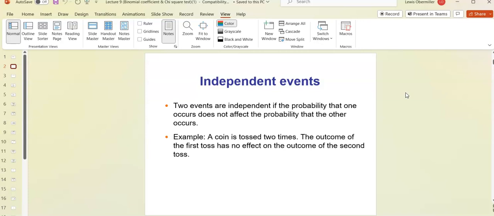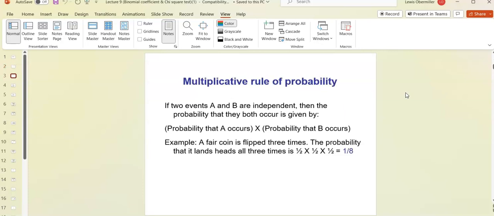The universe doesn't care that tails was flipped first or heads was flipped first. The next flip has no influence on the previous flip, and the flip after that isn't going to have any influence, and so on and so forth. So if they're independent events, we can multiply them together, like I said.